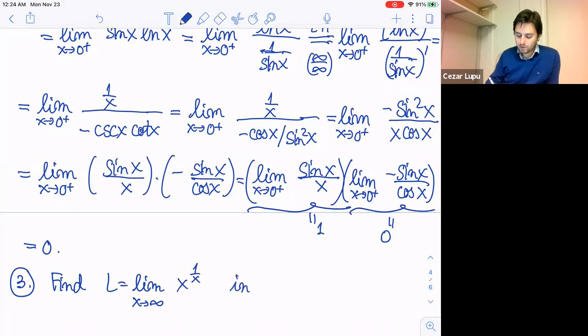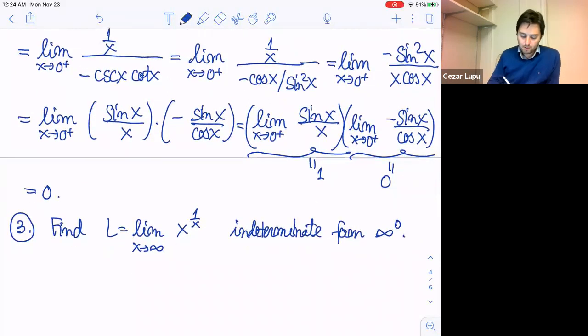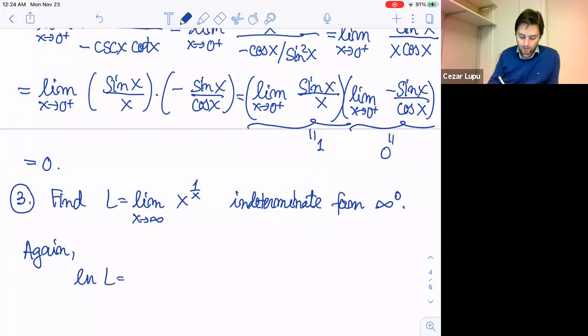So the indeterminate form here is infinity to the power 0. Okay. All right. So again, taking the log, ln of L is ln of the limit as x approaches infinity of x to the power 1 over x.